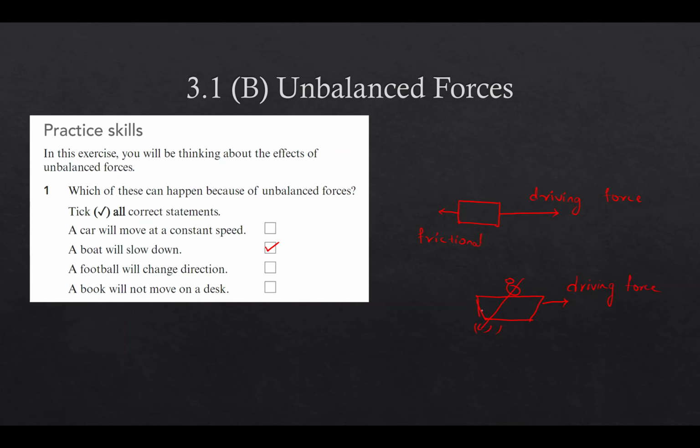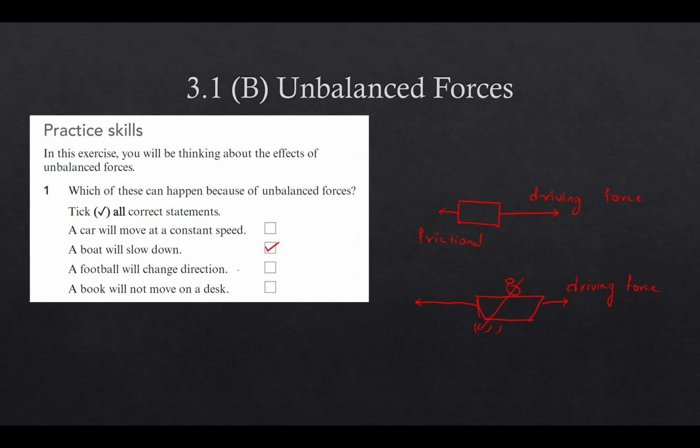And let's say there's a force in the opposite direction. And if the force in the opposite direction is very large compared to the driving force, then the boat will slow down. It's like hitting brake in your bicycle. Right? Your speed will slow down. That means the force is acting in the opposite direction.